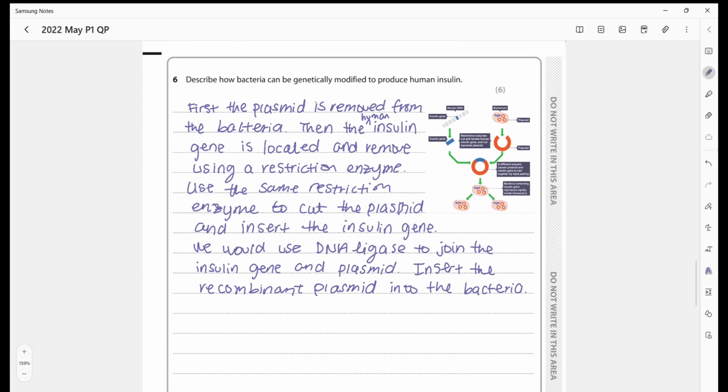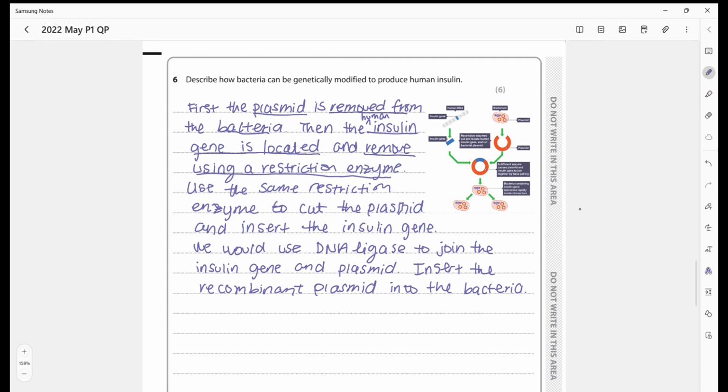So let's go over the points again. First, number 1, you need to remove the plasmid from the bacteria. So that's 1 mark. Then you need to locate the human insulin gene and remove it using restriction enzymes. So that is 1, 2, 3, 4 marks so far.